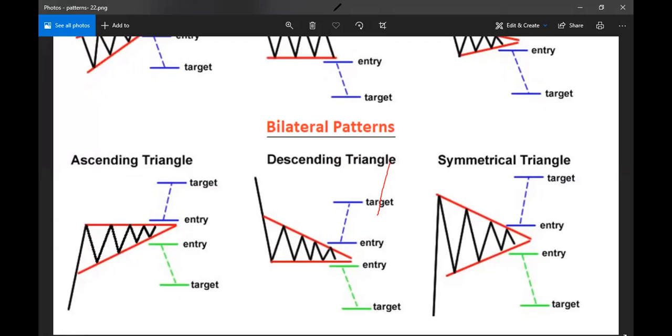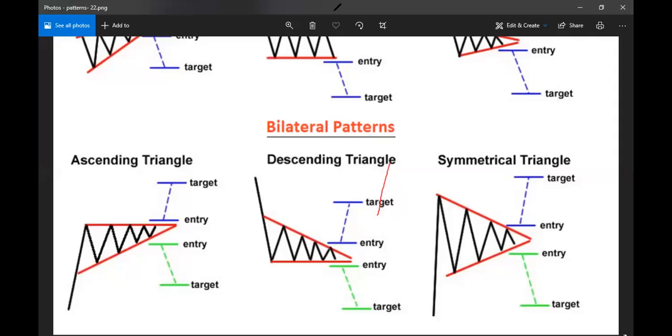You can see some bilateral patterns that we have here, which are called triangles. We have the ascending triangle, the descending triangle, and the symmetric triangle. Now, these are patterns that show you that the market can either buy or sell. So they are bilateral in nature.